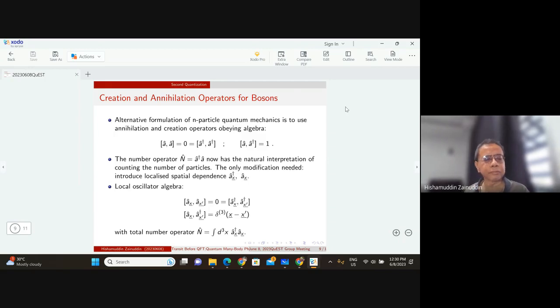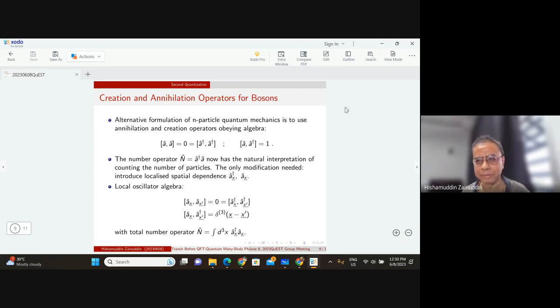One of the problems with the previous formulation is that you need to symmetrize and anti-symmetrize with respect to the so-called position variables, whereas that is not the natural way to describe the quantum states.